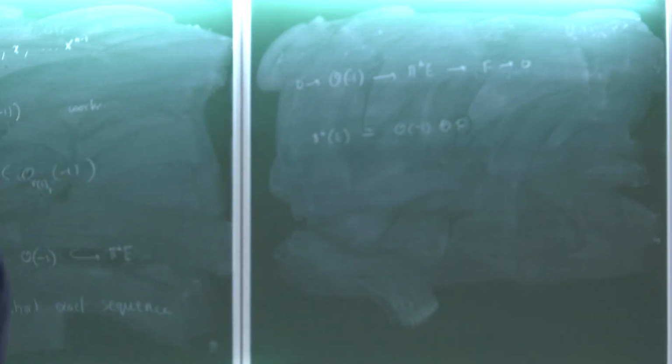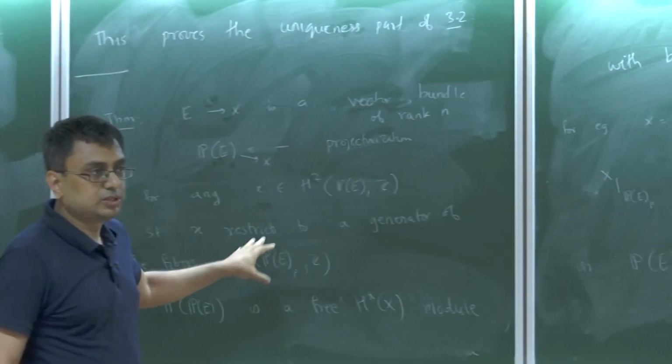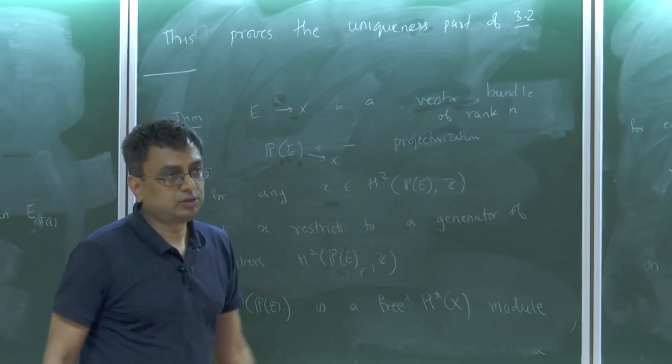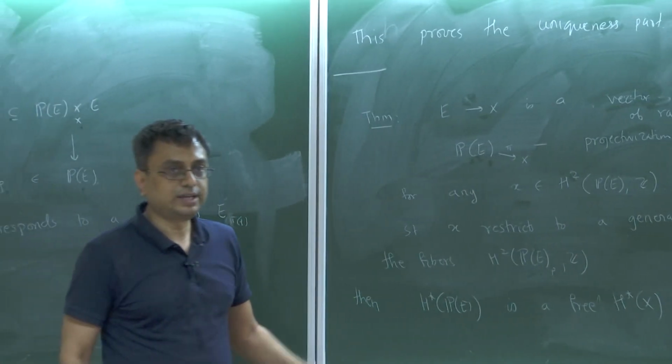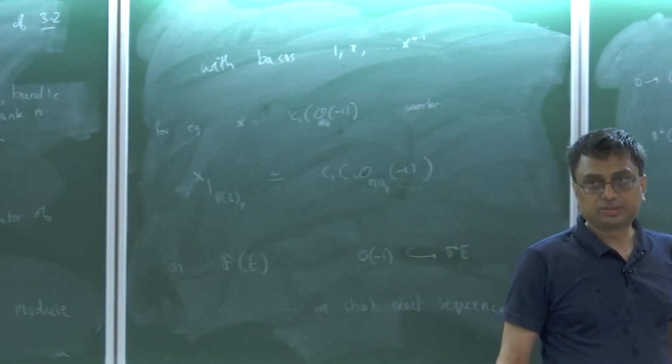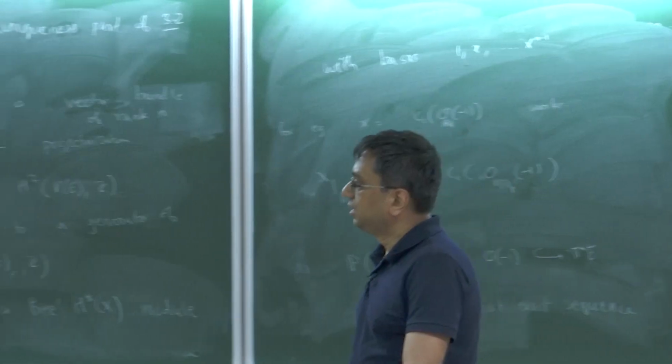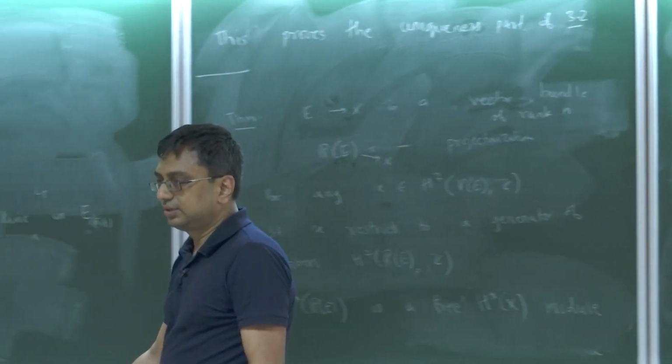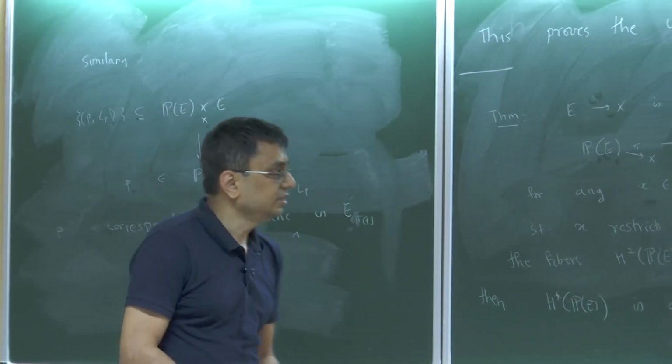So this is the proof of the splitting principle modulo the calculation of the cohomology ring of the projectivization of a bundle. This is something we have not proved, but assuming this, the rest is clear, right?